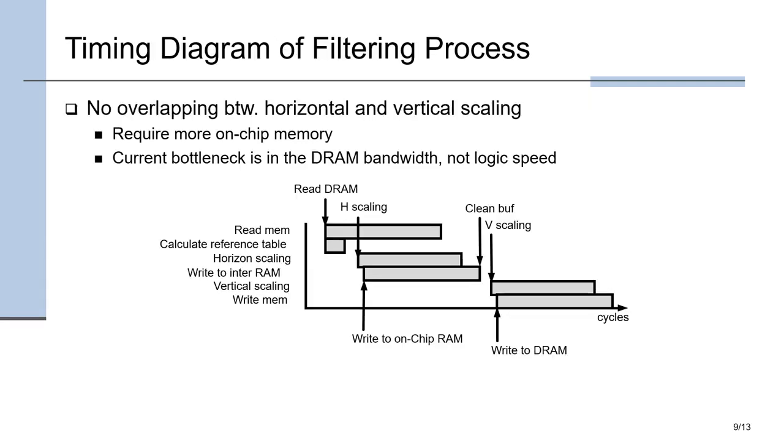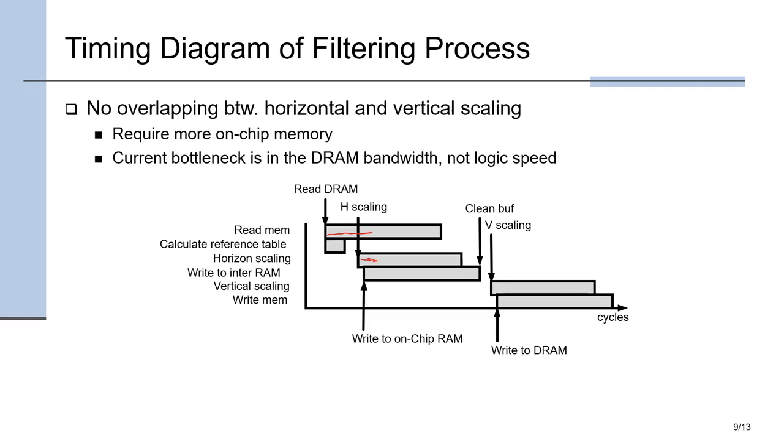In this slide, we show you the timing diagram of the filter process. First, we perform horizontal scaling. Before you do scaling, you have to read data from the DRAM, the main memory. And once we have stored enough pixel data, the horizontal scaling process will begin.